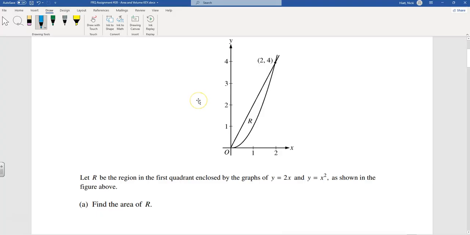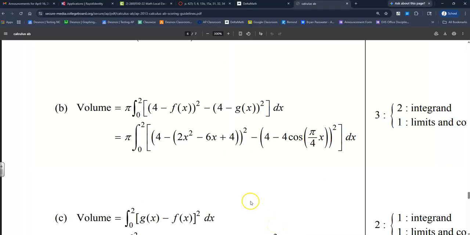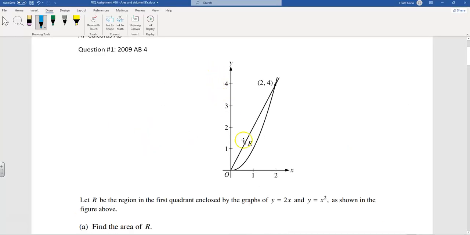I need to look at the key for this. Them not using a different variable, this might actually be even easier than I'm thinking. What year was this? This was 2009, maybe 4.